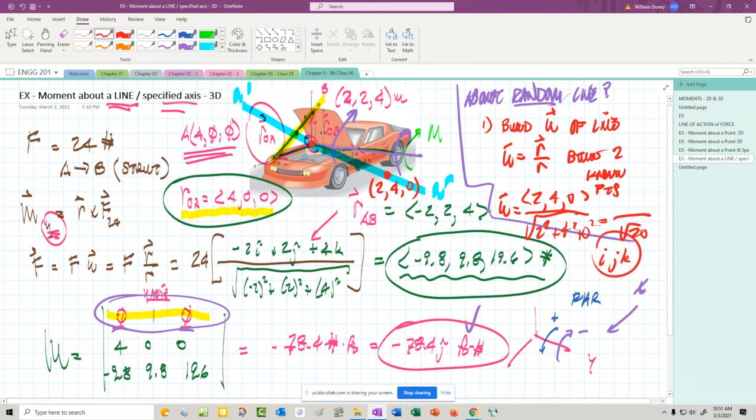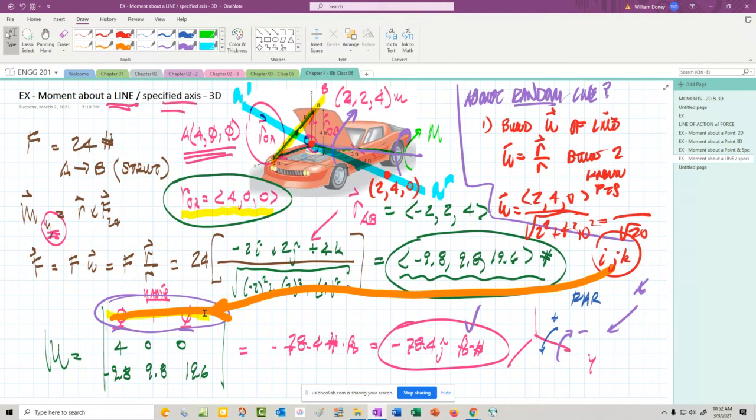When we get those ijk values, what we do with them is they will go right here then. Whatever those ijk values are, we would put them into the ijk at the top of the 3x3. And then when we solve it, it's going to give us the moment of that 24-pound force about that random line.